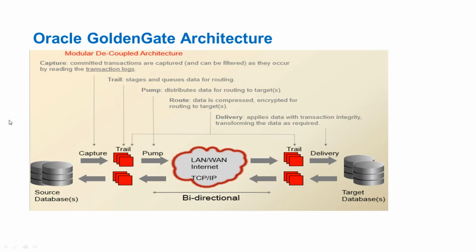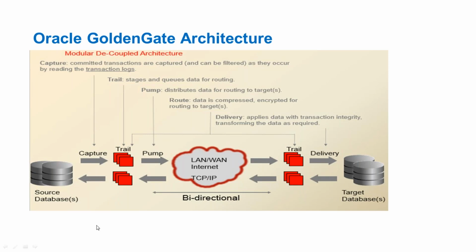In bidirectional, there will be a separate capture process reading the transaction logs from the site B database and writing to the local trail on site B. Once the data is available on site B, the data pump process will write it to the trail on site A, and then the replicate process on site A will apply it to the site A database.